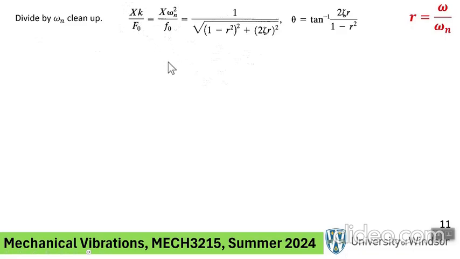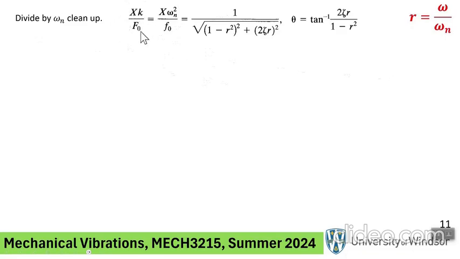The moral of the story is this. Instead of saying X equal to dot, dot, dot, we are writing big X times k over F naught. We look at this combination, which has no dimension.